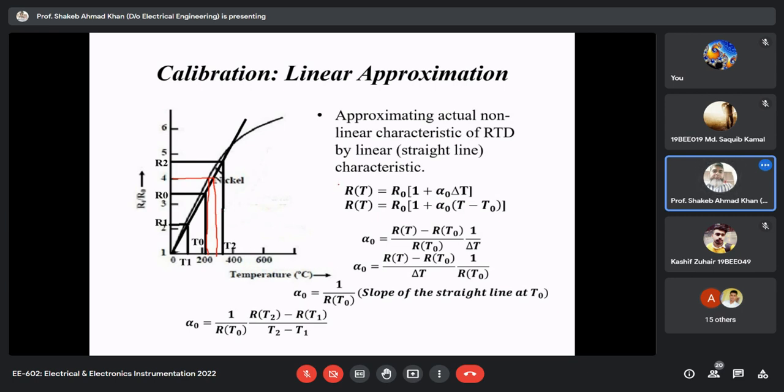We'll use this equation. Your scale is calibrated with this equation. So obviously there is an error between the measured value and the true value. This is your error.